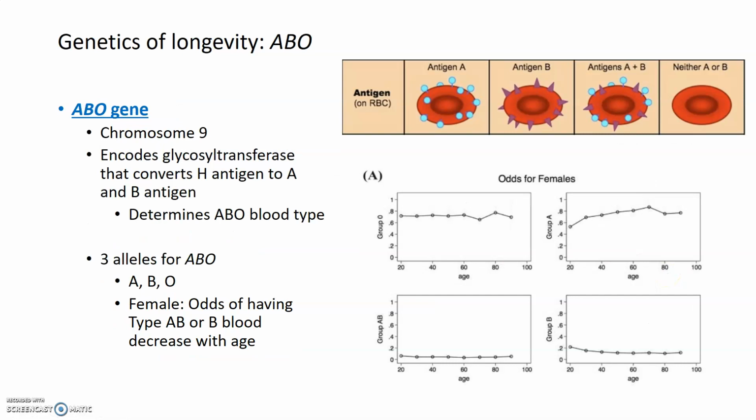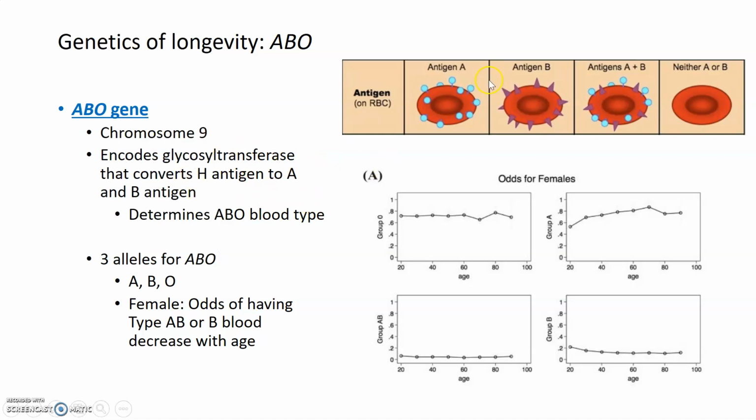Finally, one other gene that has been implicated in several GWAS studies is the ABO gene on chromosome 9. And what the ABO gene does is it encodes an enzyme, a glycosyltransferase, that converts H antigen to A and B antigen on the outside of red blood cells. And more simply, it's the enzyme that helps determine what your ABO blood type is.